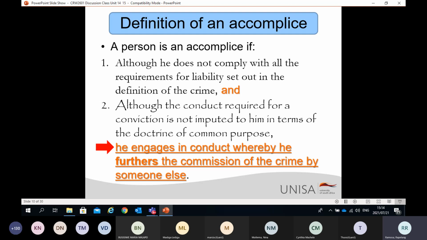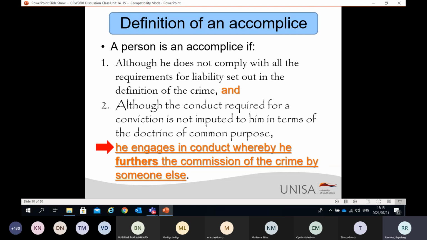So if you observe the definition of accomplice clearly, you will see that a person is an accomplice if they do not comply with the requirements of liability in terms of the ordinary principles of liability. In other words, not a perpetrator in terms of the ordinary principles, or is not a perpetrator if we apply the doctrine of common purpose.